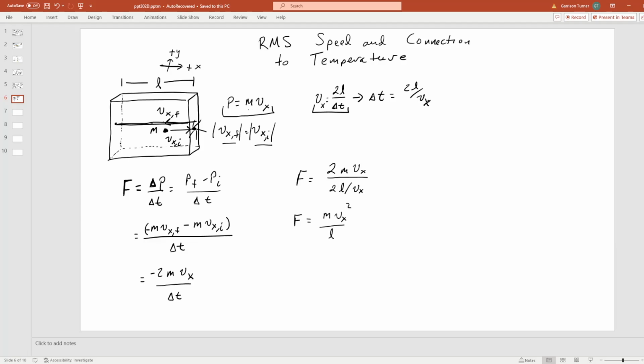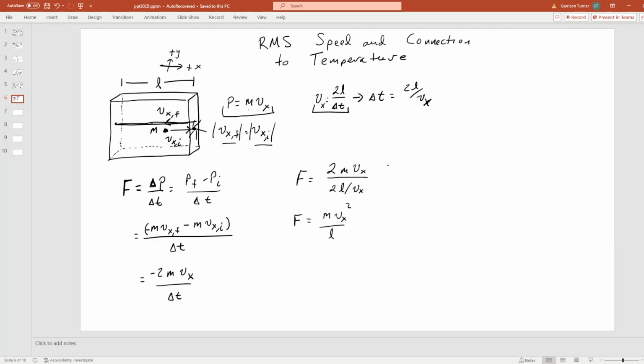So if I make that substitution into my equation, and I've dropped the minus sign from the change in momentum because the minus sign is really irrelevant. It's just an artifact of our coordinate system. We could have just as easily made left positive and right negative, and it really doesn't matter. So 2L over Vx is my time.